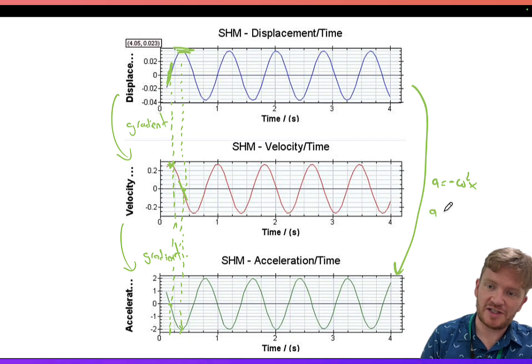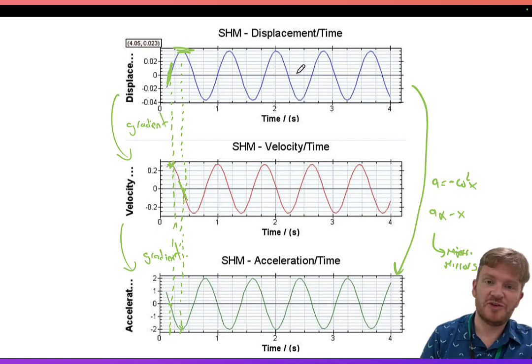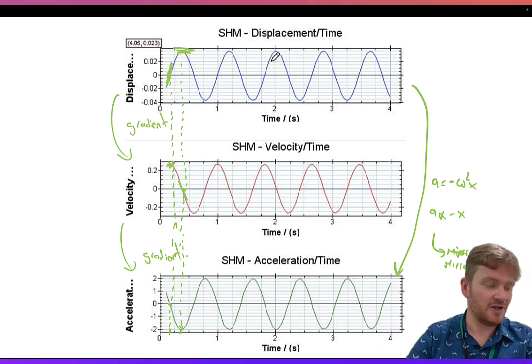So I can see acceleration is proportional to, but in the opposite direction to, displacement. And here you can see that these two are mirrors of each other, which is pretty cool. This is just it flipped upside down.